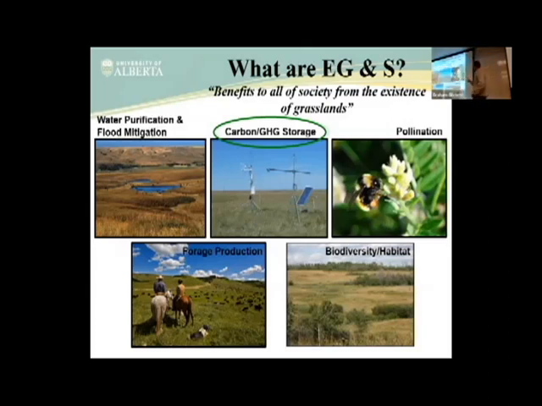Out of all these EGNSs, forage production is the historical EGNS that most people think about. The roots of my discipline of rangeland management, range science, are rooted in how much forage we are producing, how much beef we are producing, and how we can increase that level of production.